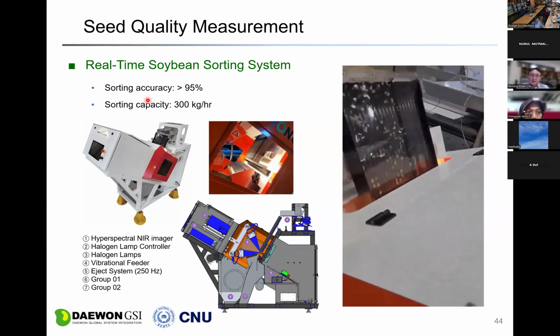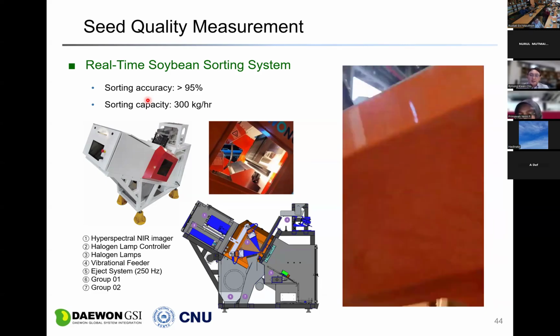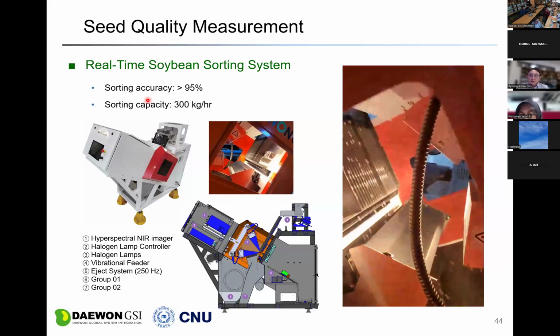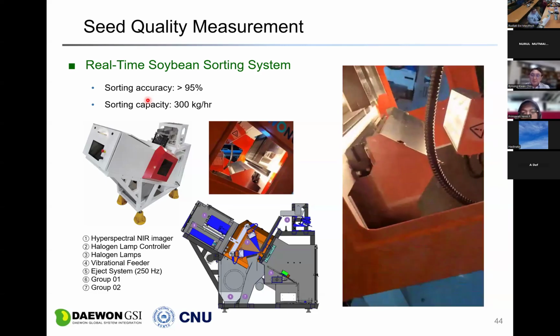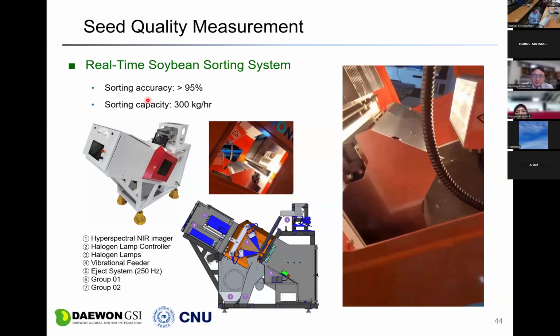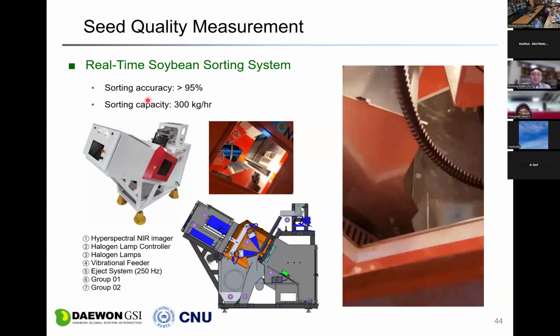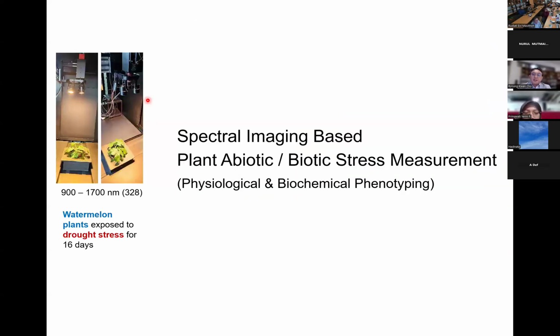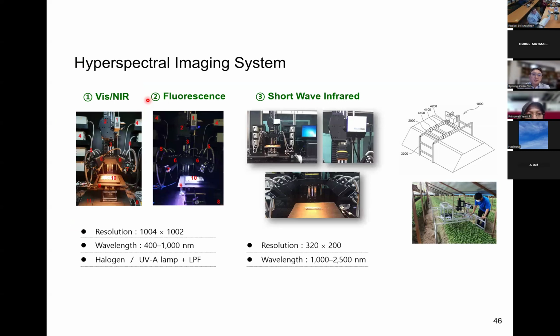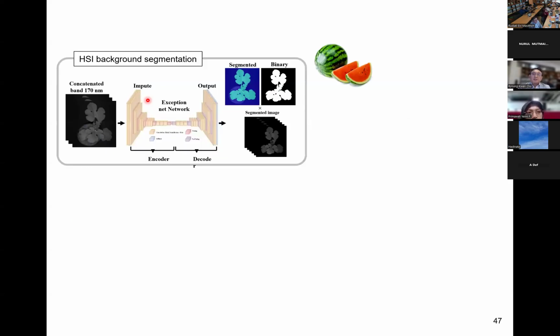Nowadays, hyperspectral imaging technology is very advanced, and we can use very fast hyperspectral images. Okay, another application is spectral imaging based plant stress measurement. So abiotic stress and biotic stress. Still we are using visible NIR, fluorescence, and infrared hyperspectral images.